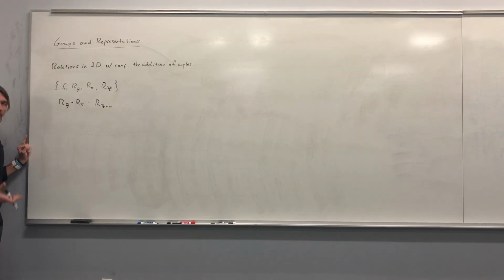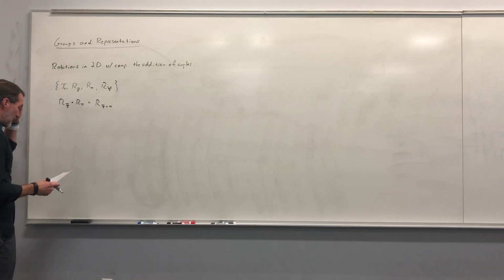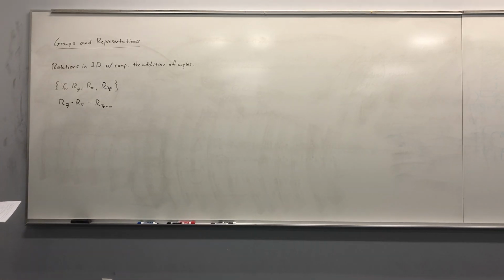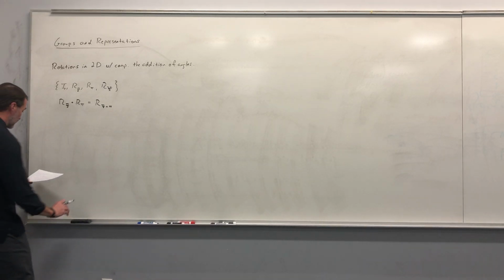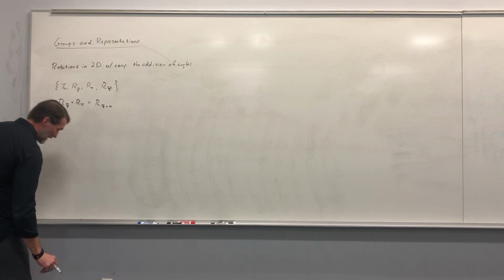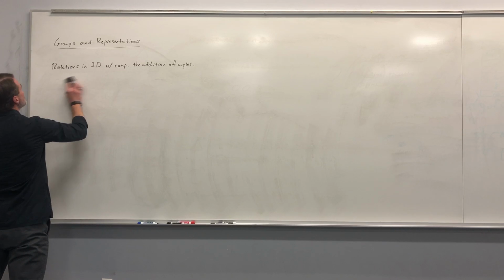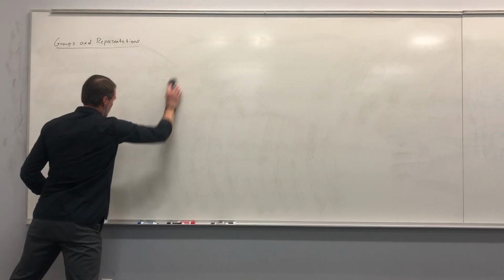However, when we want to work with groups, we need something more concrete, okay? And this is where representations are going to become important. So a single group can have many different representations, some of them more useful than others. So let me give you an example of the representations of a group. And I'll use a slightly different group.